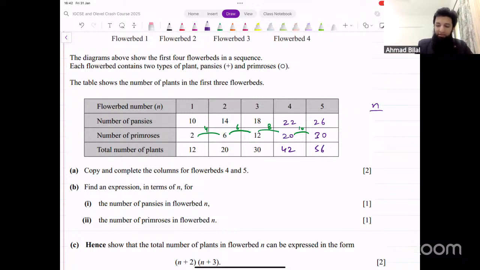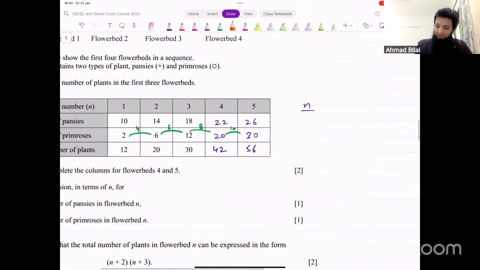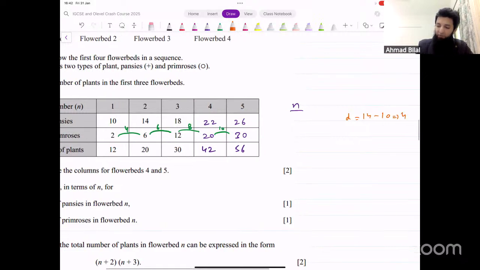This is a linear sequence with a constant difference. What's the difference? 14 minus 10. If you take the first two terms, next term minus the previous term, the difference is 4. And what about the first term? The first term is 10. So you can use a plus n minus 1 times d. That's the formula that we have for a linear sequence.